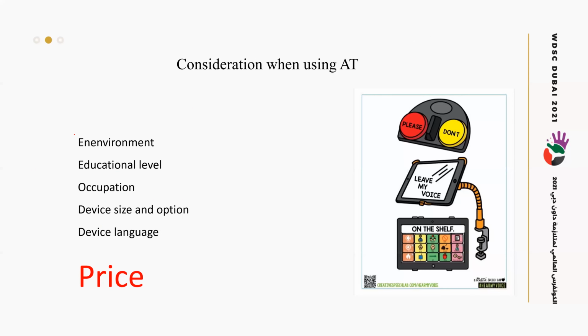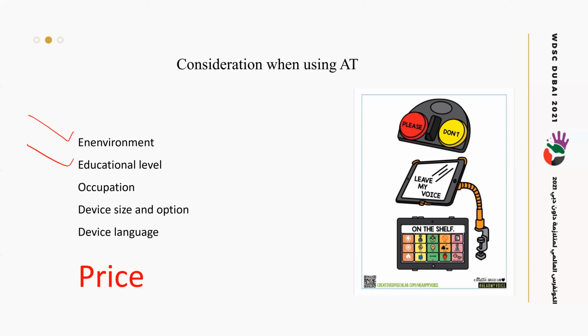First is the environment: is he in the city or in the village, how accessible is the company if he wants to do any maintenance, how is the acceptance from the environment when they see a person using devices to communicate, the educational level of the parent, and whether they can work with the software if he is using devices with software.